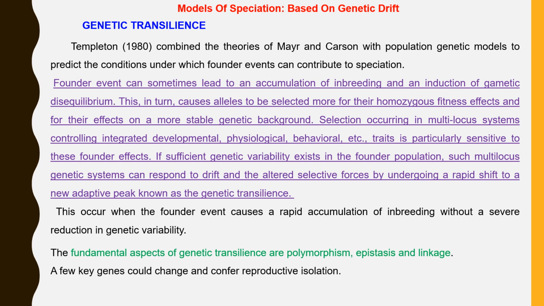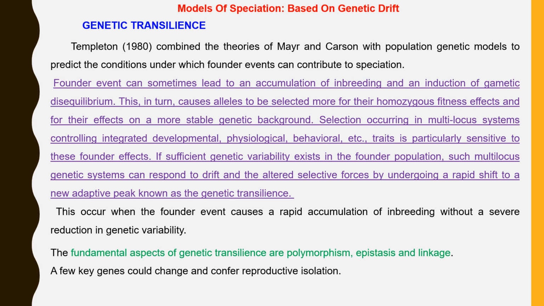Selection occurs at multilocus systems relating to behavioral patterns, development, physiological traits, etc. If the founder population has sufficient genetic variability, rapid accumulation of inbreeding without reduction in gametic variability occurs.